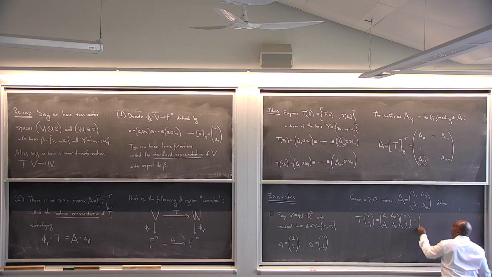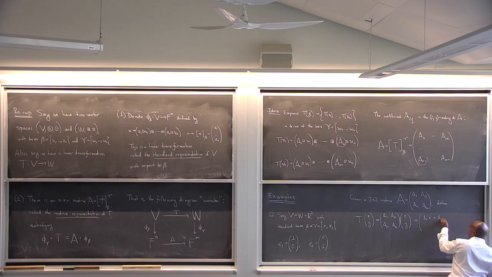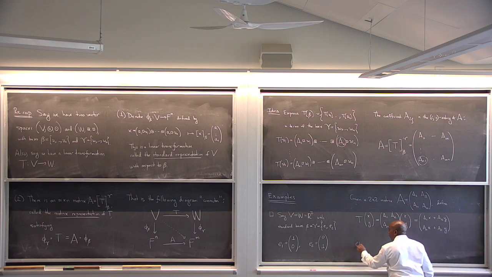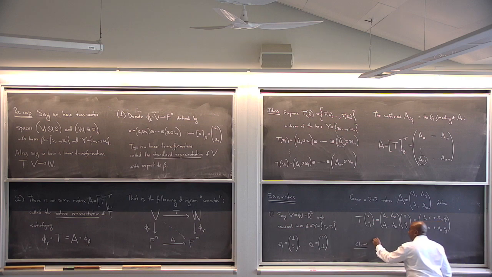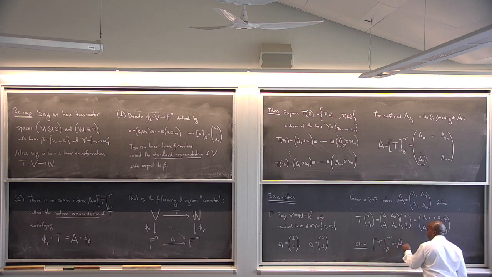So if you will, we'll simply define the transformation as follows. Now my claim is that if I were to compute this matrix representation, then I'll simply get back the matrix that I started with.